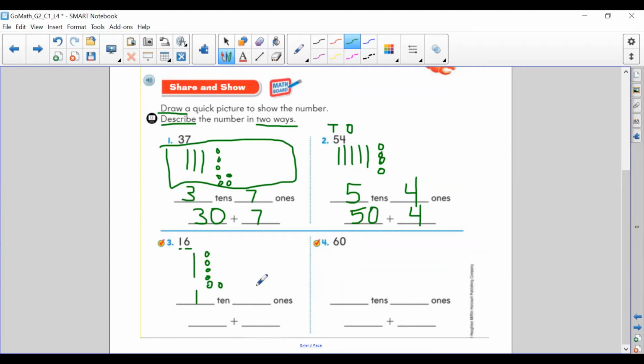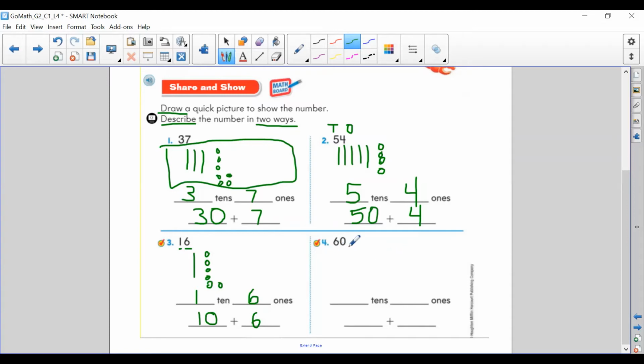How many ones did you draw? That's right, you just drew 6 ones. Those are the ones. This is the 10. So what is the value of 1 10? Can you count by 10s just one time? 10. That's right. And 6 ones has a value of just 6.